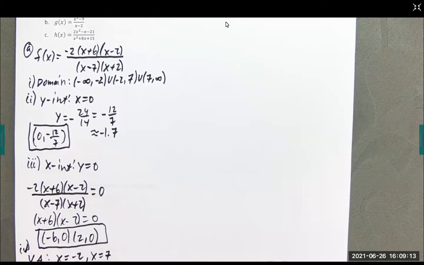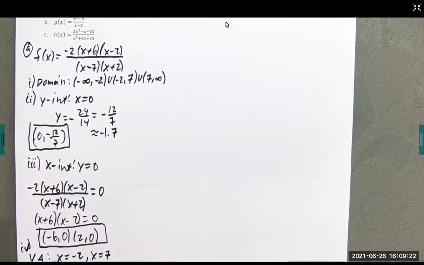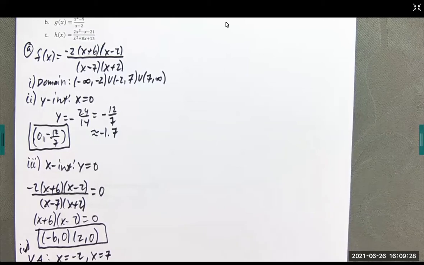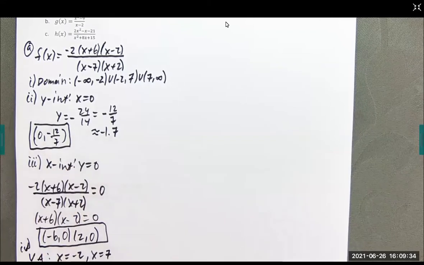All right, and we have a horizontal asymptote at negative 2. We have some points that we can put on there that are actually on the graph. So y, negative 1.7, so that's about there.